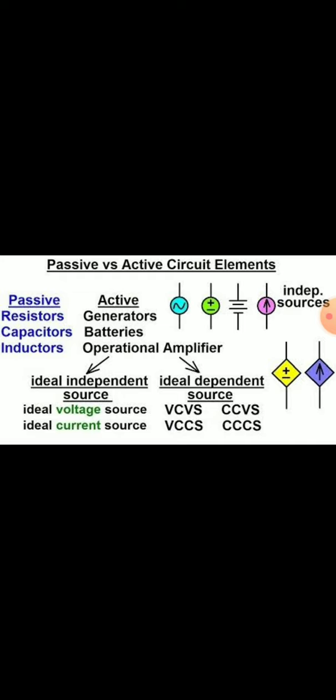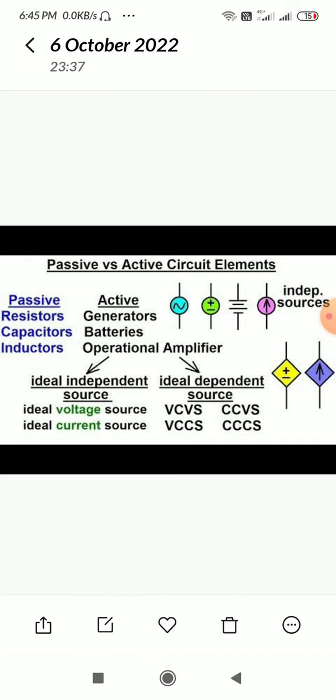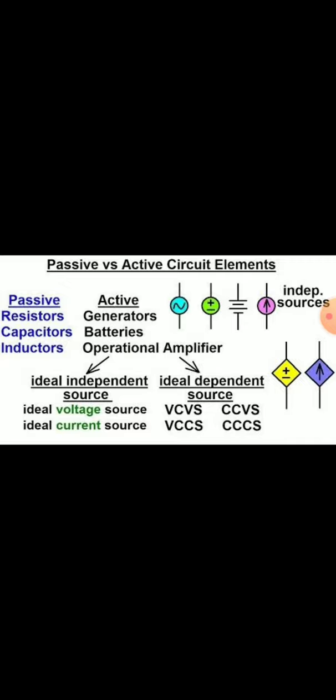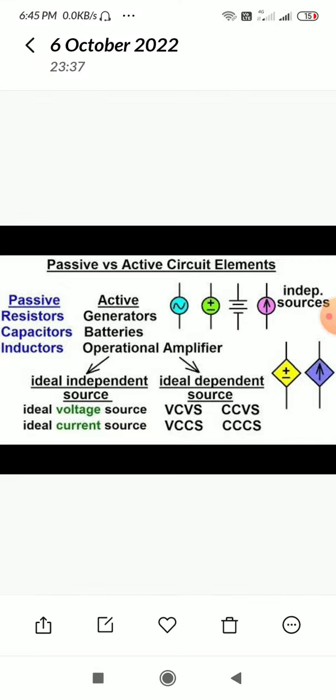Next is your dependent sources. So what are dependent sources? The voltage or current depends on the voltage or current existing at some other location in the circuit. So this is called the dependent source.